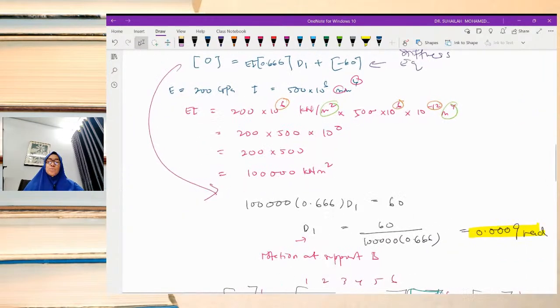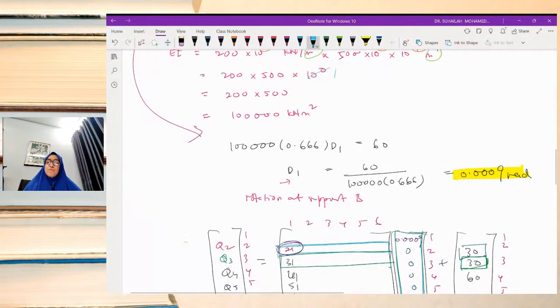So that is why normally we consider EI as 200 and 500 only, because of the exponent 10 to the power of 6 and 10 to the power of negative 12. We get 10 to the power of 0, which is equivalent to 1. This is basic mathematics that you have learned in school.